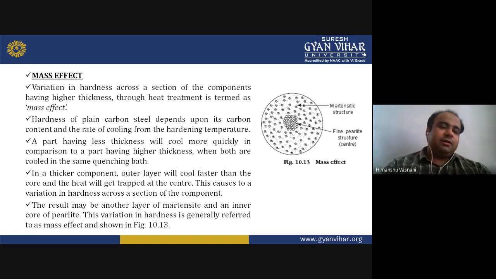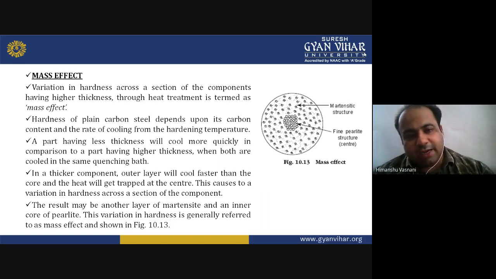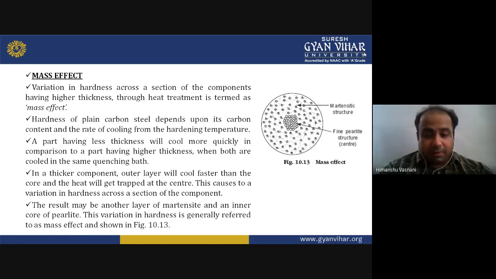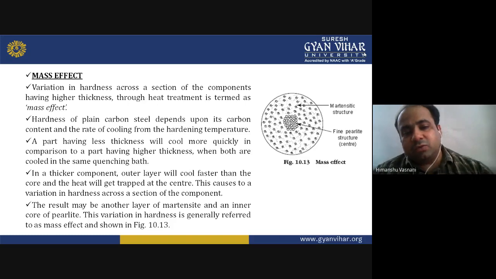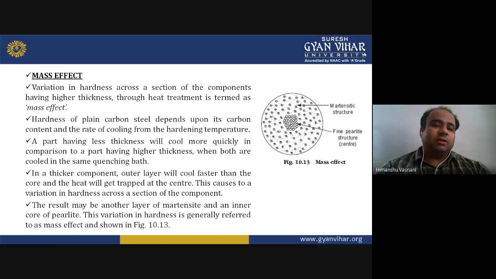Obviously, if you take a thick part and a thin part and try to cool them in the same quenching bath, the thinner will cool faster, while the thicker will cool down more slowly. The thin material will cool down faster, while the thick material will take time to cool down. So they have a different cooling.